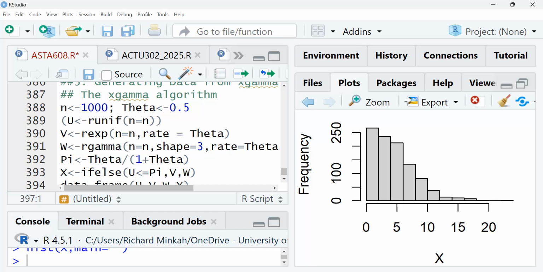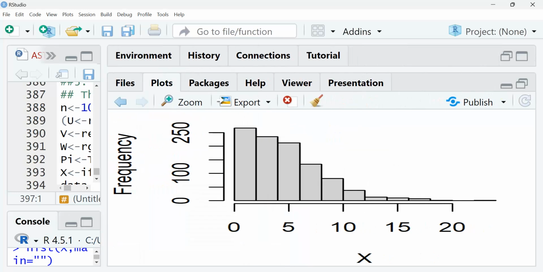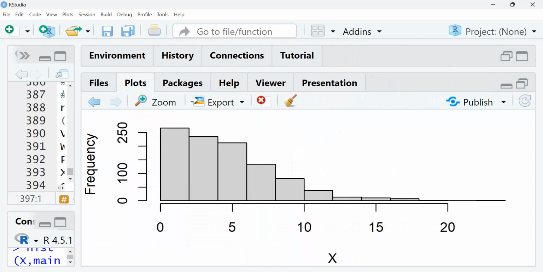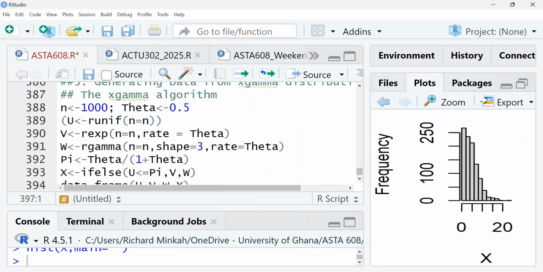Yes, it ends at a point. And it's because I have increased mine so large, so it's unable to show the end point.